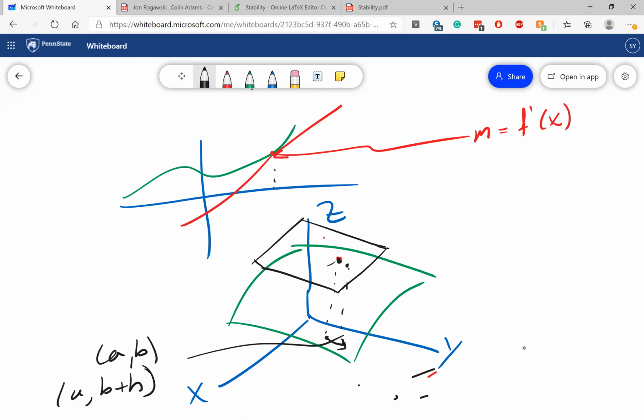Instead of looking at this point over here, which would be the point a, this line over here would be y, or let's say f of x minus the y coordinate, so let's say y0.